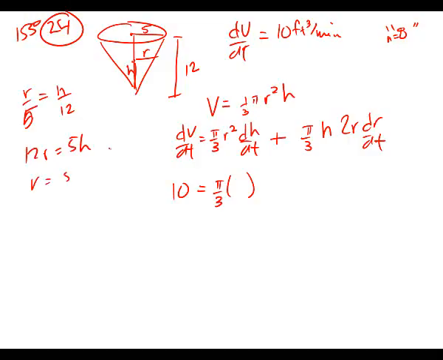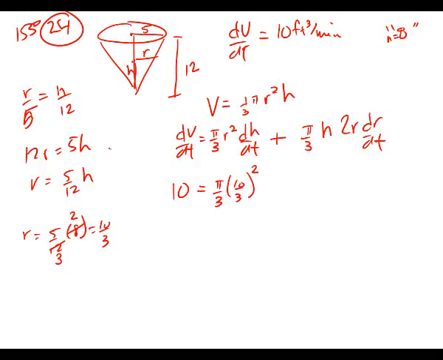And then R equals 5/12 H. So at that moment, what can I plug in for the H? 8. So 5/12 times 8. Let's see. 4 goes into 8 two times and into 12 three times. So it looks like 10/3 is your radius. It's not pretty. But that's okay. We can deal with that.